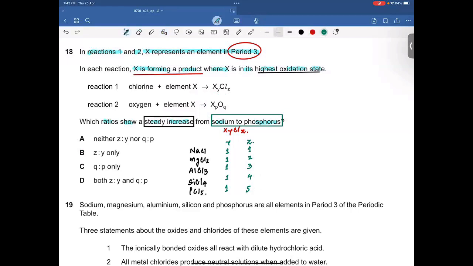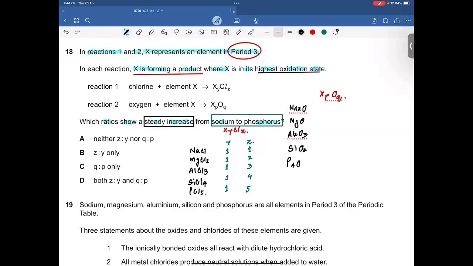Let me check. Let's talk about the oxides. And for oxides, it's XpOQ. Now, when sodium reacts with oxygen, it forms sodium oxide, magnesium oxide, aluminum oxide, silicon oxide, and then phosphorus as P4O10.